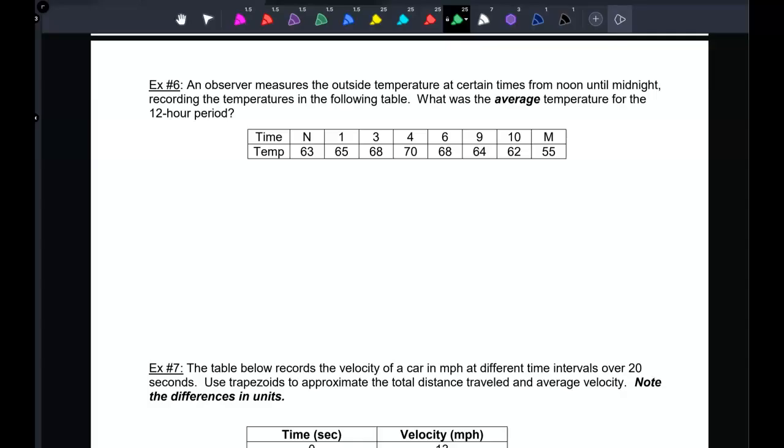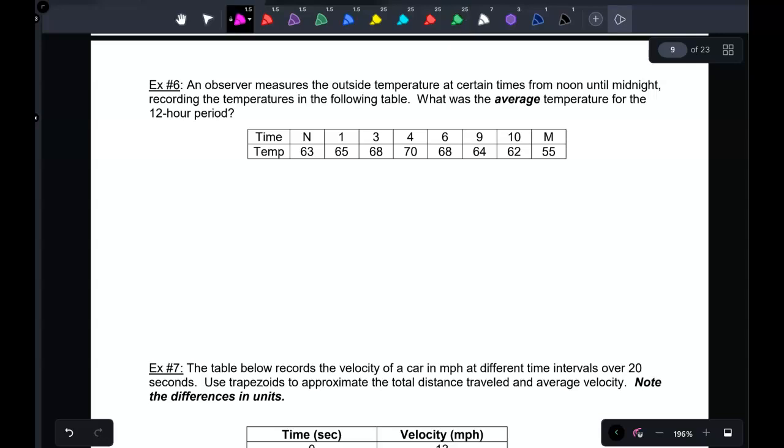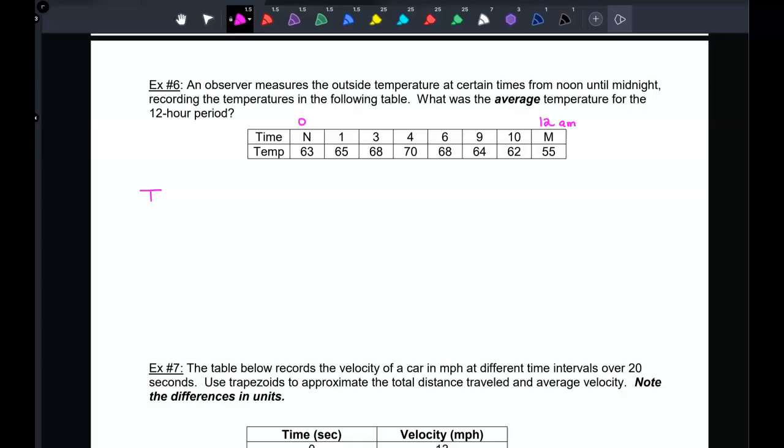And then we divide by 12, because we want the whole thing. So noon, we're going to count as 0, and midnight is 12. So let's just do the trapezoidal and then we'll figure out the average.